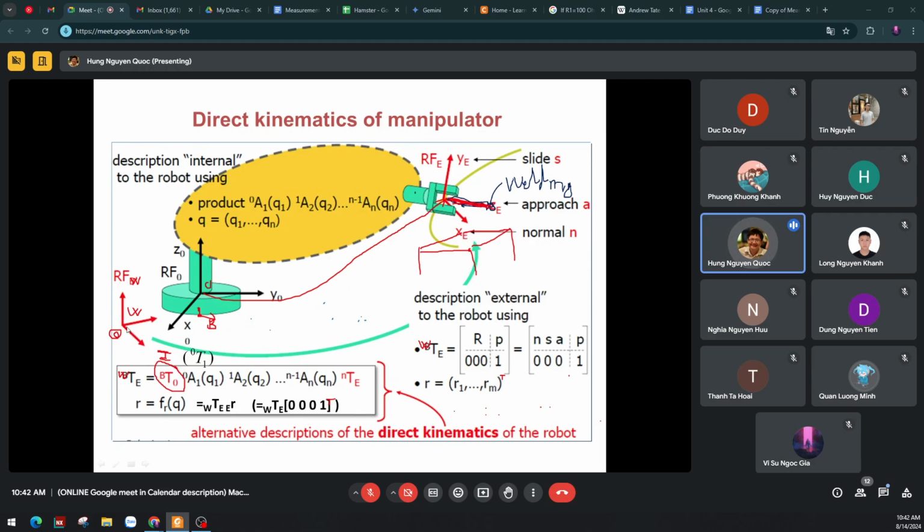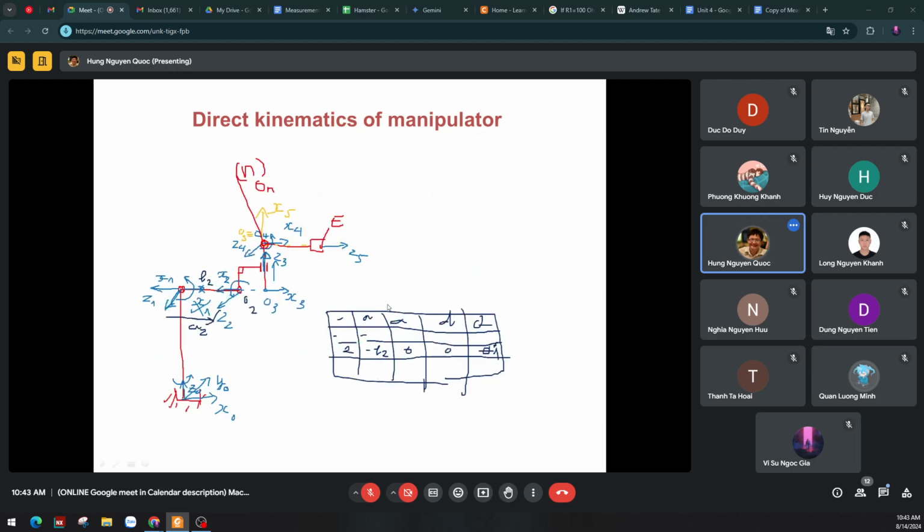you need to have one more coordinate, TNE, and usually this TNE is just a translation. I will show you in this case. Remember this is phi.